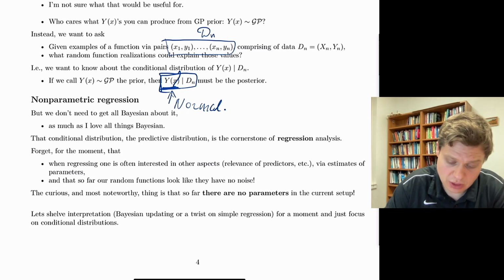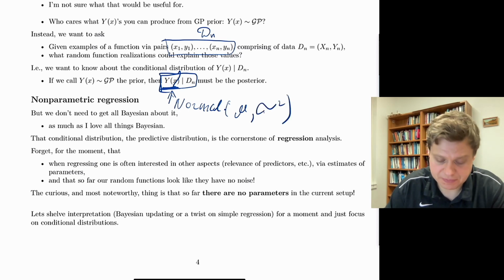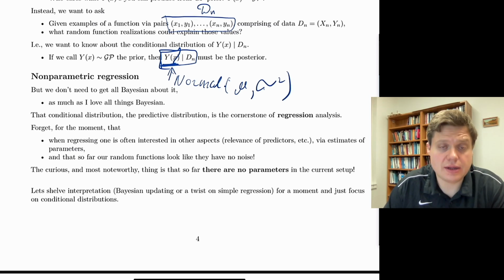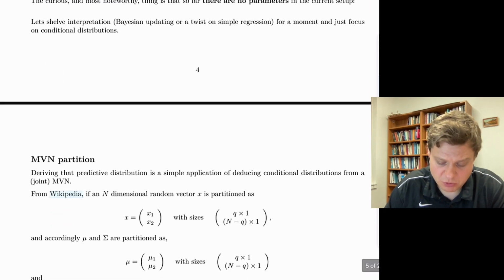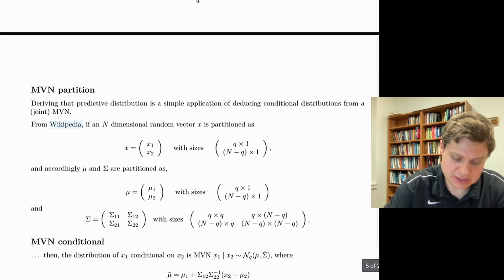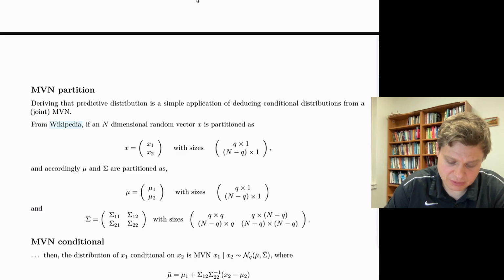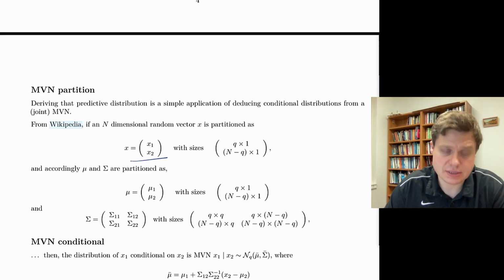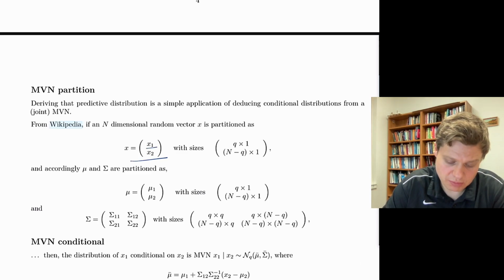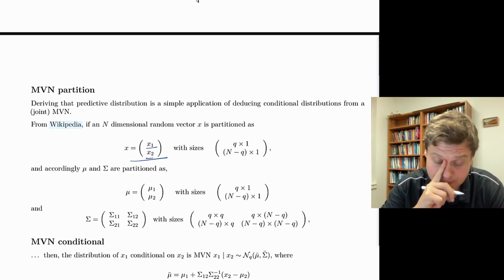Essentially we need to calculate two things: the mu for this value and the variance. It actually comes from a simple property of a normal distribution. Let's say you have a variable x, and you can split it into two parts, x1 and x2.